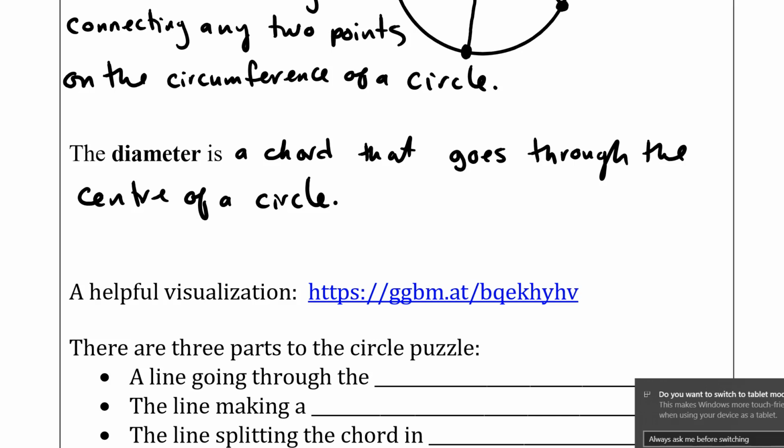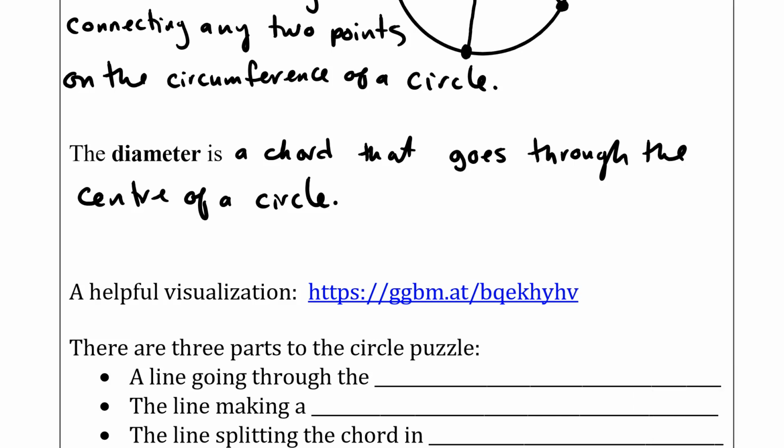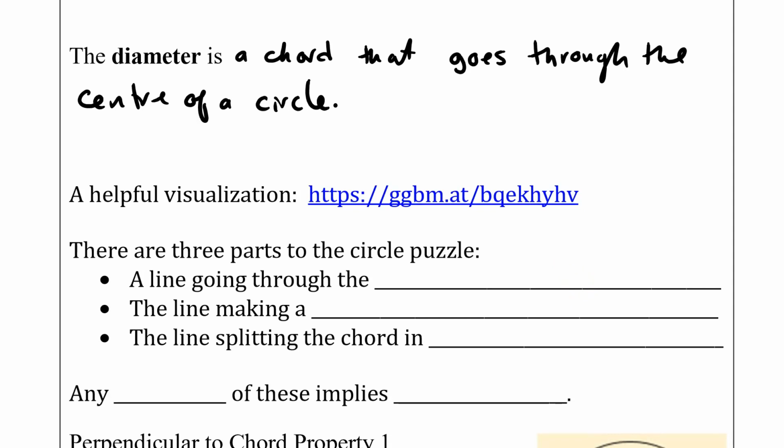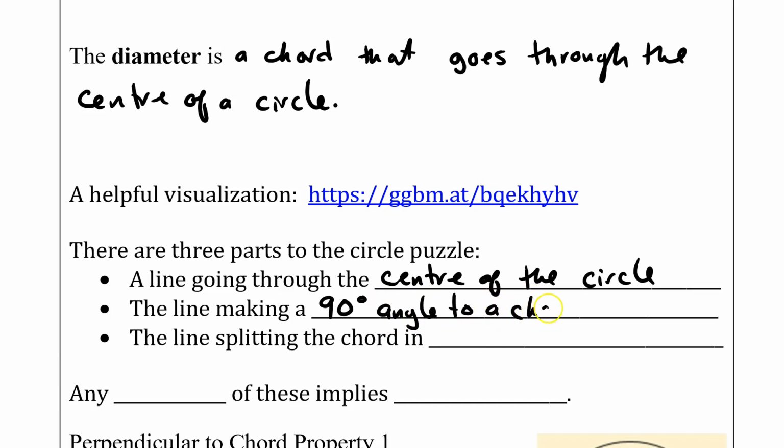So there are three important parts to the circle puzzle. There is a line going through the center of the circle, and that line is making a 90-degree angle to a chord.